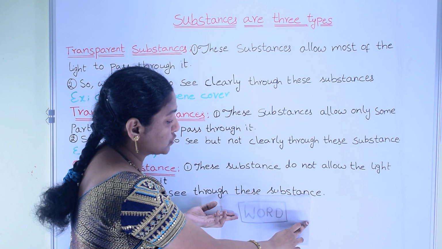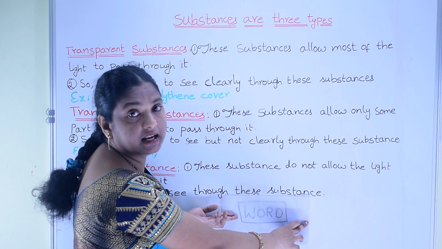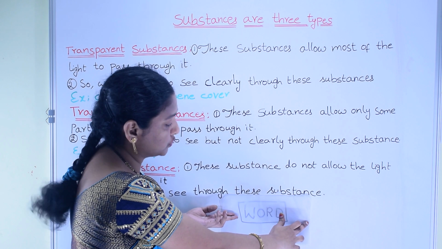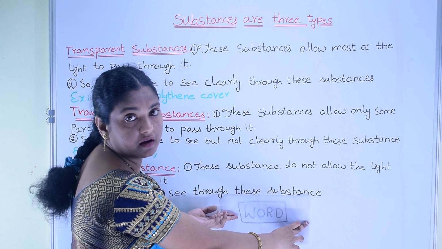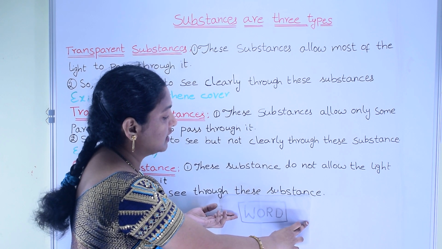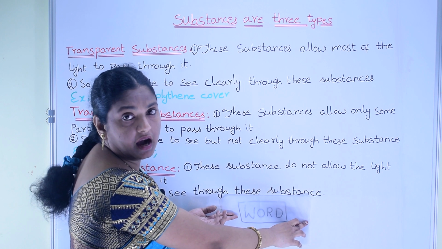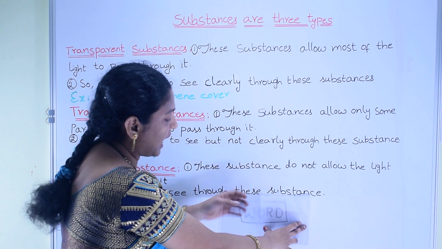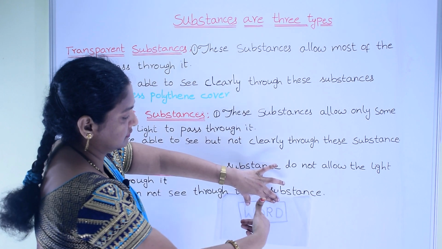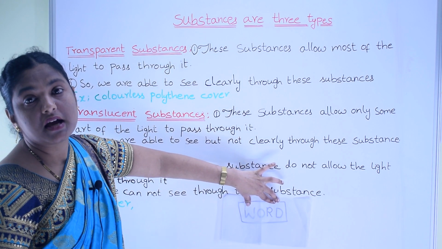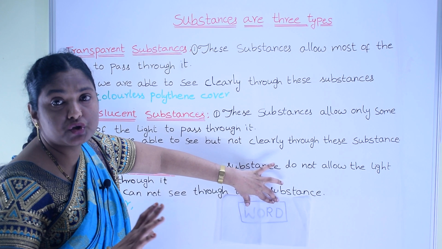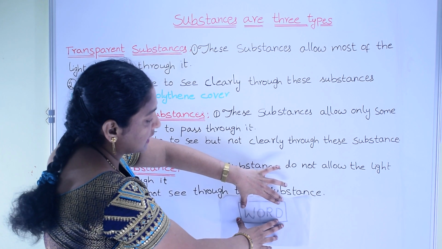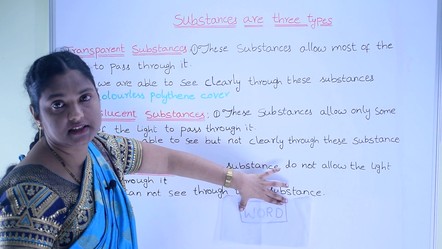We are able to see, but not clearly, this word. This is because this oily paper allows only some part of the light to pass through it. That's why we are able to see but not clearly through this substance.